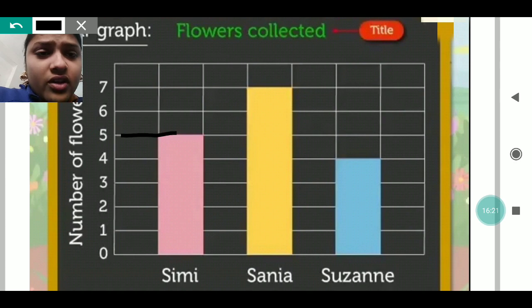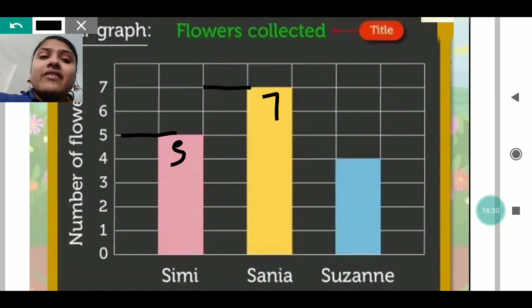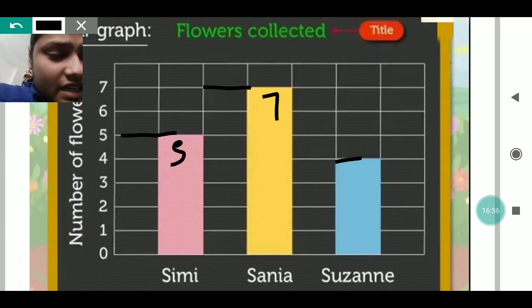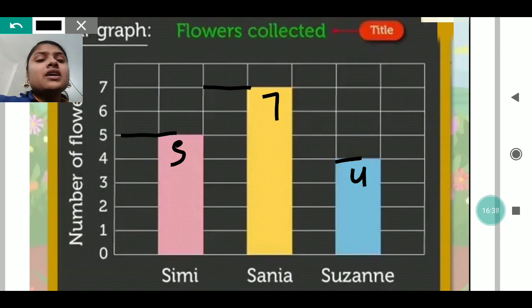Simi's bar is on 5, it means she has collected 5 flowers. Sanya's bar is on 7, it means she has collected 7 flowers. Suzanne's bar is on 4, it means she has collected 4 flowers. So accordingly the bar is drawn.